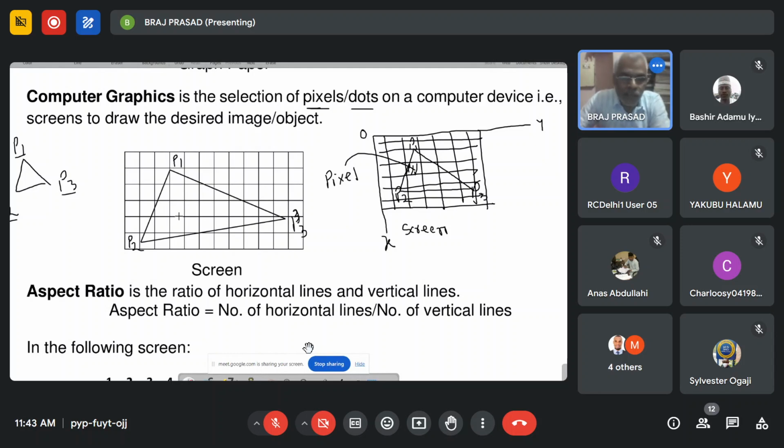Then we get the triangle. Similarly, we can draw other objects on our computer screen or device, or on graph paper. So this is the concept of computer graphics or image on a computer.